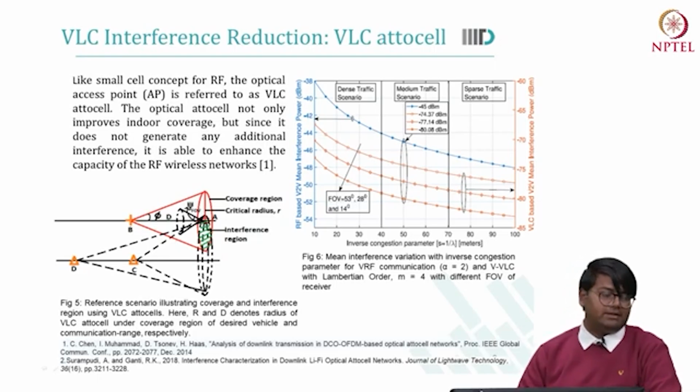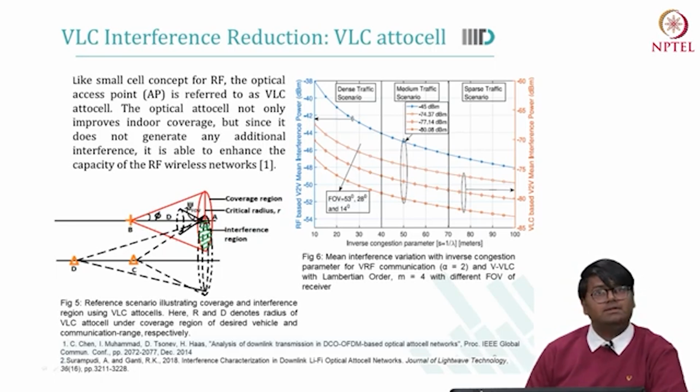Typically, the received signal as well as the interference model considers a full FOV of 180 degrees at the PD receiver, which leads to a worst case bound on the interference. So, for a typical receiver, the received interference power as well as the received signal power heavily depends on the FOV of the receiver.